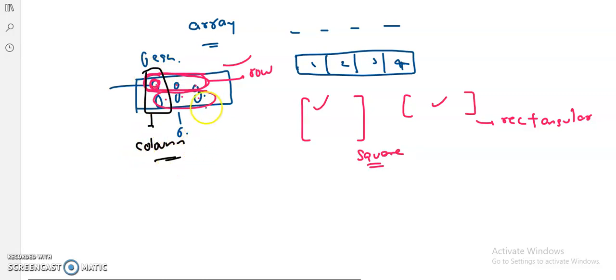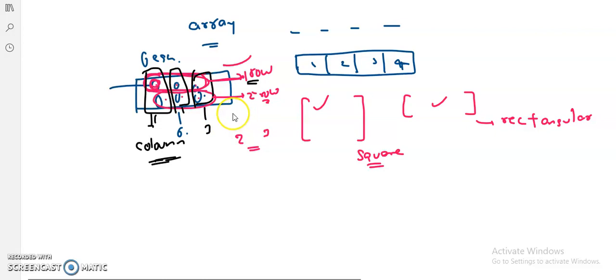So like that, a matrix can be defined with the help of rows and columns. See, in this egg tray, how many columns are there? It is the first column, the second column, and the third column. So total 3 columns are there. And while coming to the rows, how many rows are there? It is the first row and the second row. So that means here I am having 2 rows and 3 columns.